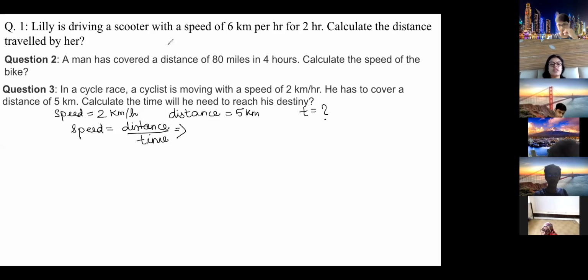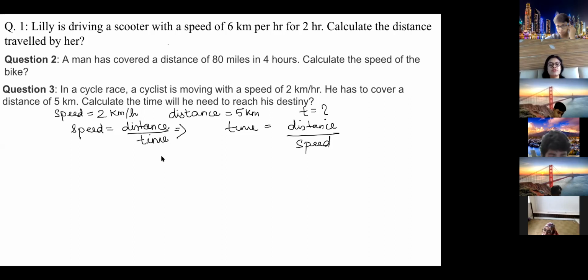Okay, Sakleen has sent me the answer. Ahmad has given me the answer. Yeah, correct answer. Sakleen and Ahmed, they have got the correct answer. You have to use time is equal to distance upon speed.